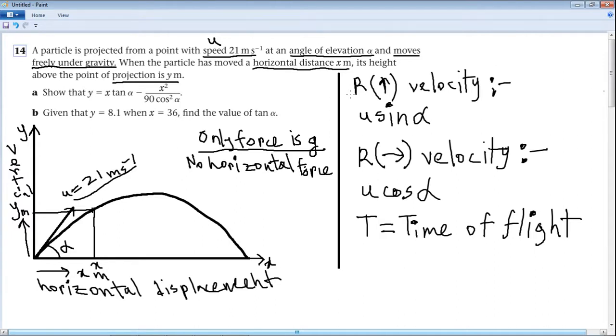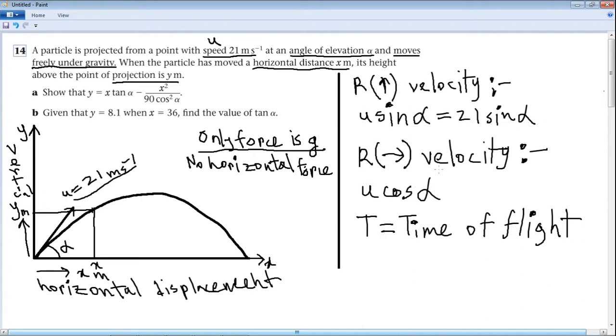Now let us resolve separately. We're gonna resolve velocity vertically and horizontally. The vertical component of velocity should be u sine alpha, which is 21 sine alpha.